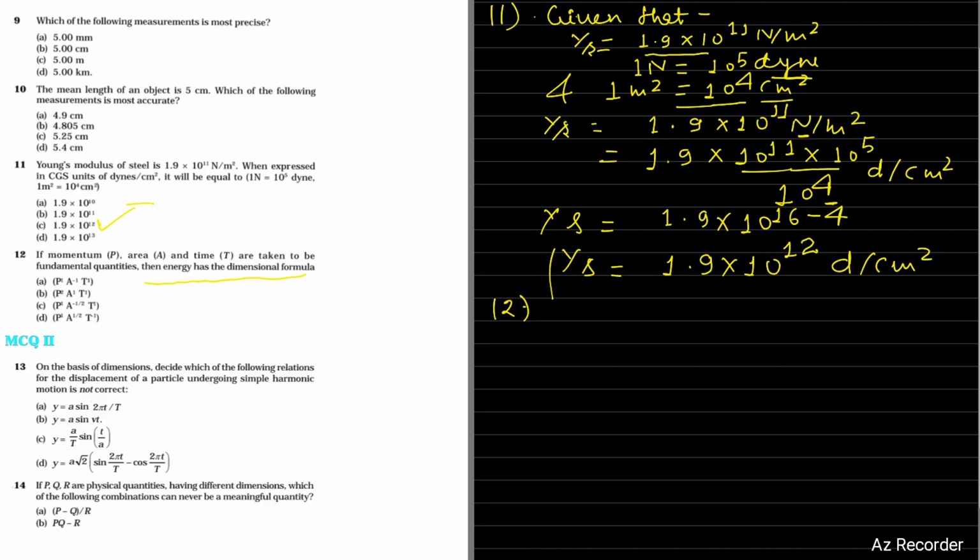So we know that W is equal to F dot S. We can write F as having dimensional formula MLT^-2, and this is distance, so it would be L.